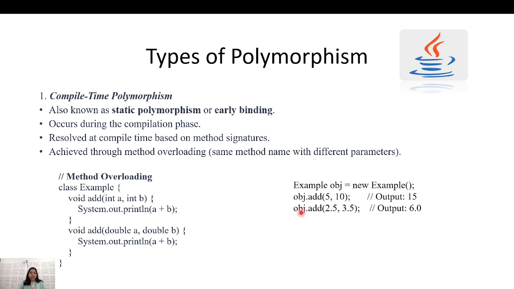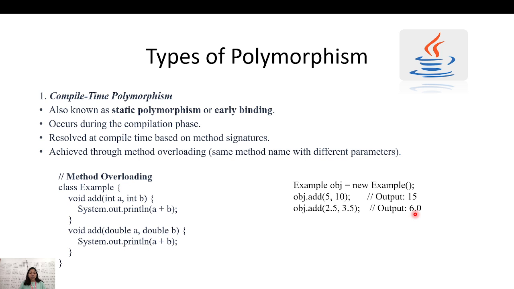At the same time, if I call obj.add with 2.5 and 3.5, it will not call the integer method, but it will call the double method, providing the output 6.0.